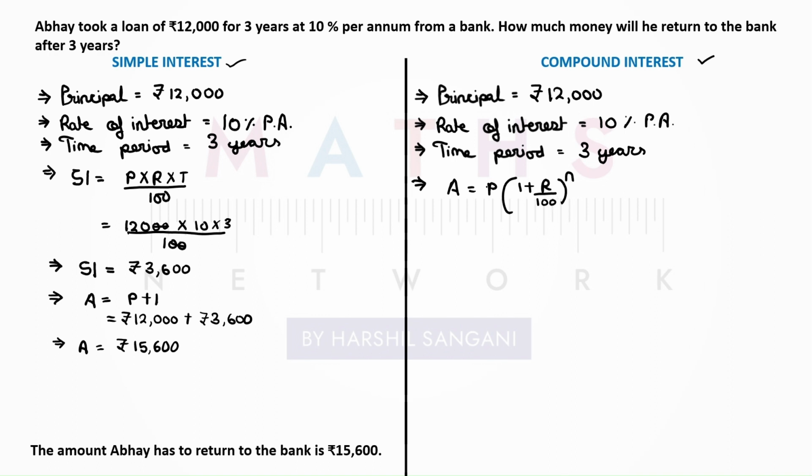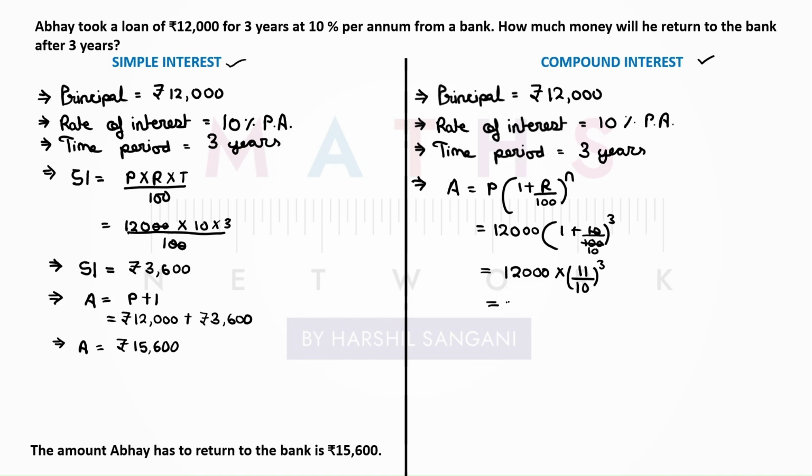We replace the values of P, R and n, and we have 12,000 multiplied by (1 plus 10 upon 100) whole raised to 3. Here we can cancel out 10 and 100 and we get 1 upon 10. When we simplify this, we get 12,000 multiplied by (11 upon 10) whole cube.